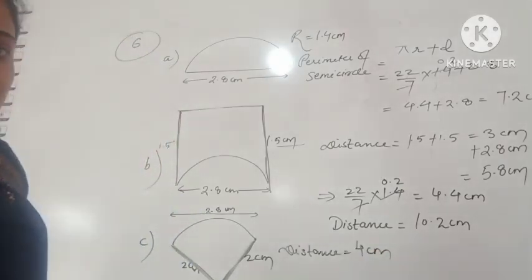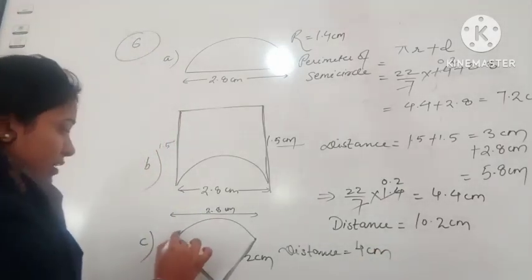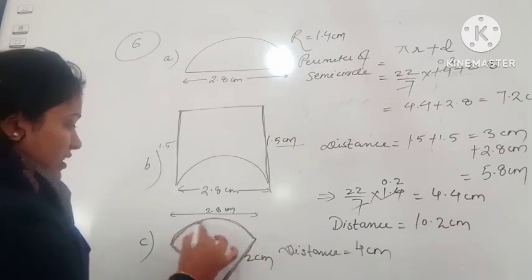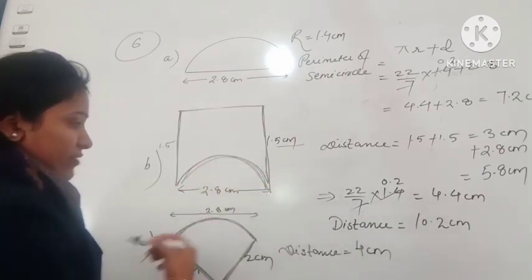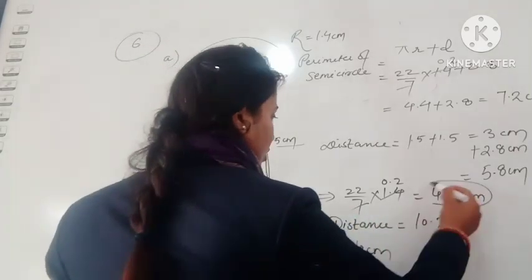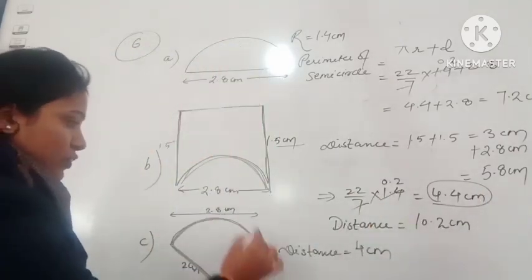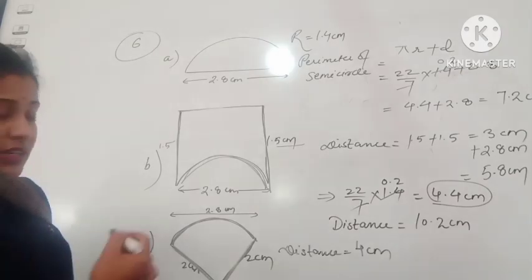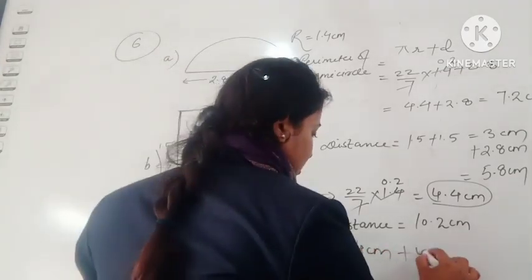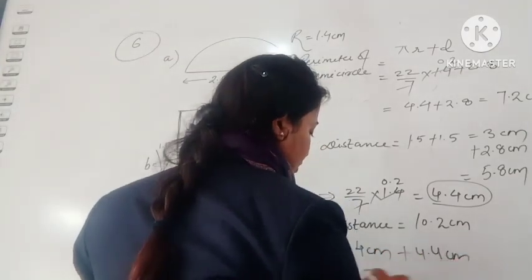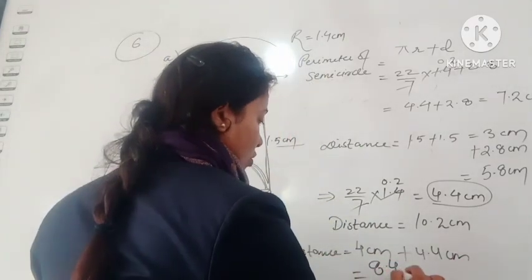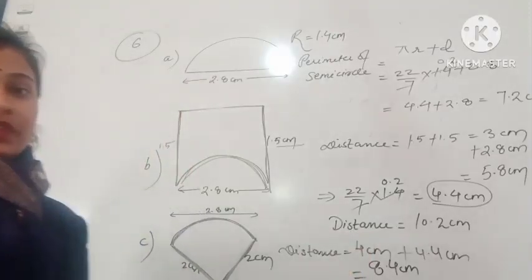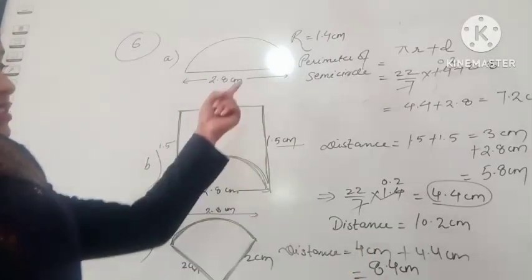And the curved part is again the same as in the previous figure, where we calculated the curved distance as 4.4. Here also the distance will be 4.4. Adding these two distances, we get 8.4 centimeter.